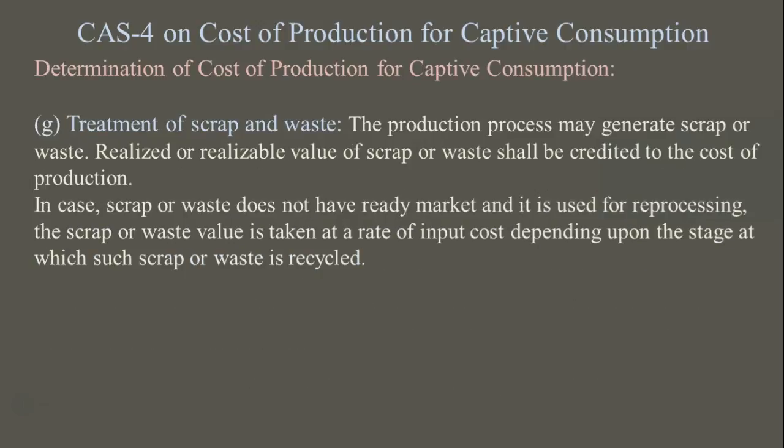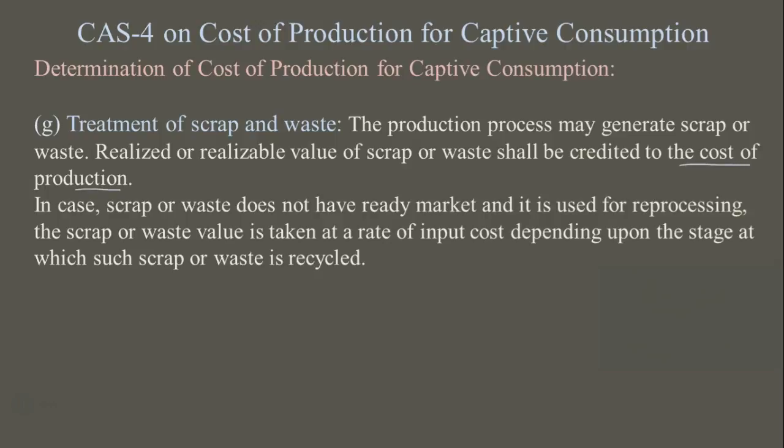Now, the treatment of scrap and waste. The production process may generate scrap or waste. Realized or realizable value of scrap or waste shall be credited to the cost of production. Okay guys, most simple.